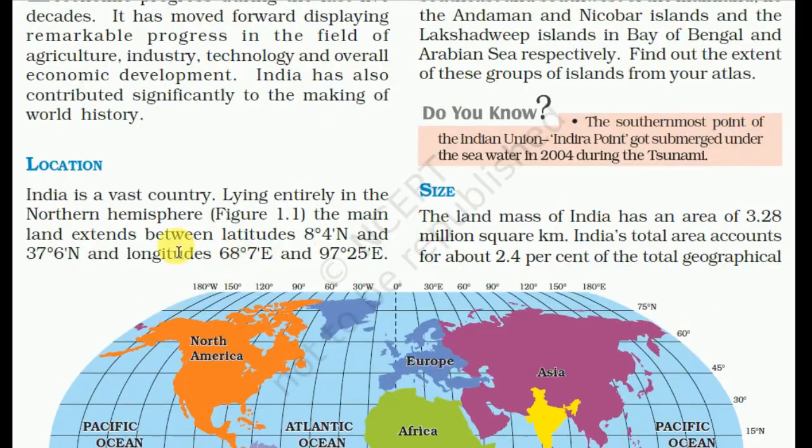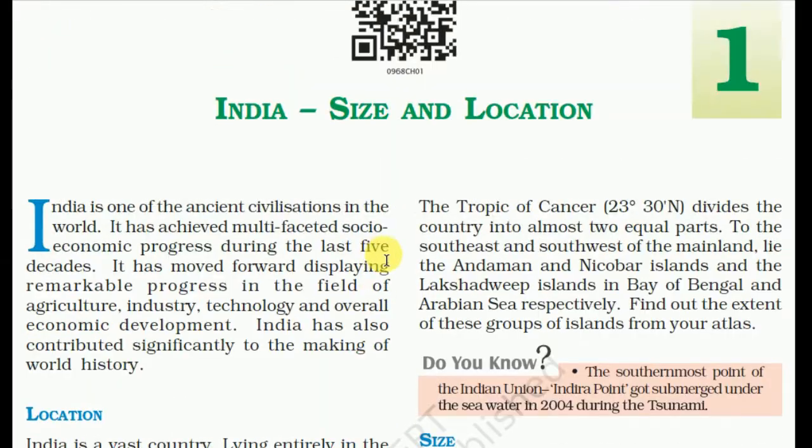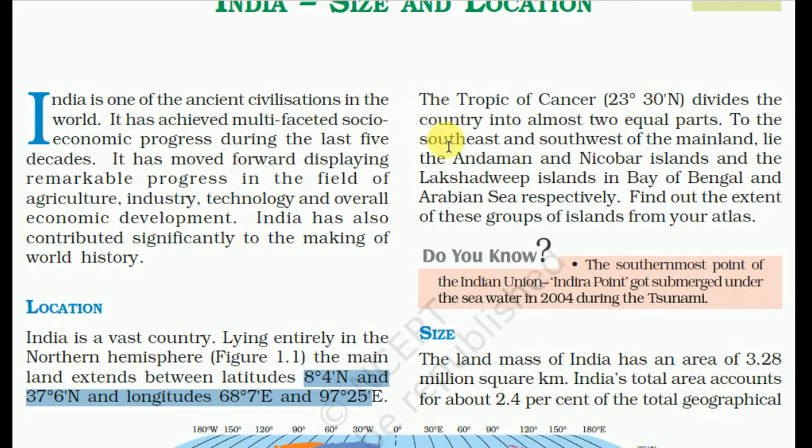Sometimes this may be asked in the UPSC exam, so you should have some idea. The Tropic of Cancer, 23.5 north, divides the country into almost 2 equal parts.